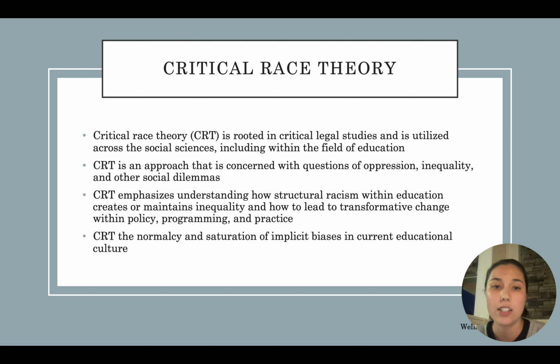It emphasizes understanding structural racism, how education creates or maintains inequality, and how to go from being unequal and unjust to transformative change within the policy, programming, and practices of teachers and the curriculum. CRT is the normalcy and the saturation of implicit biases in current education and culture.